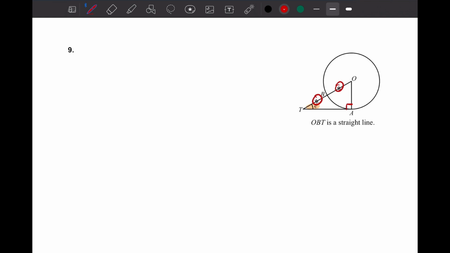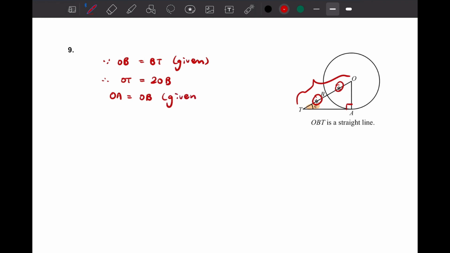We don't have a lot of information, but we have a right angle triangle. So let's have a look at this. Because OB is equal to BT, then we can actually say that OT is equal to 2OB, this whole length here, right? And OA is equal to OB.